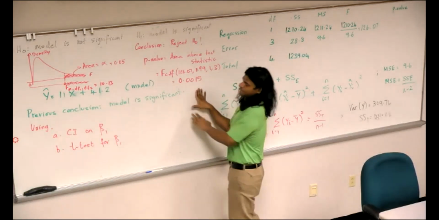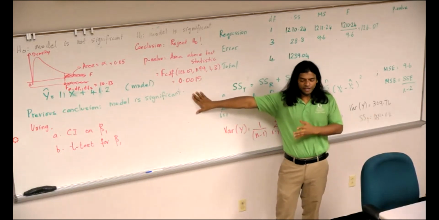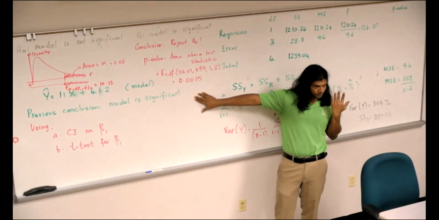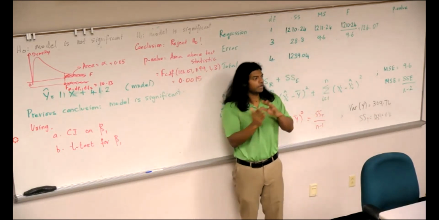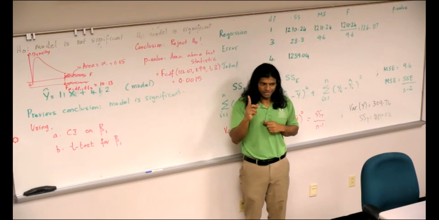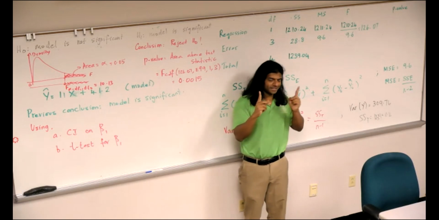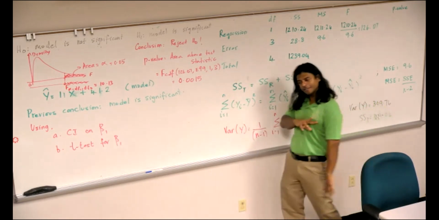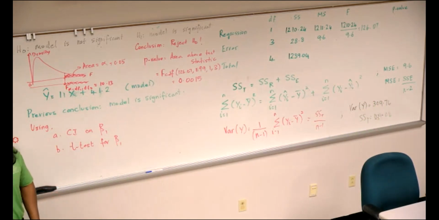Going back to this, if you repeat the process 10,000 times, with 10,000 different samples, the number of times you would go against the conclusion and conclude that the model is insignificant will be how many? 15. So 15 times, I'm going to get a different conclusion. Still, that implies consistency. Do you agree?